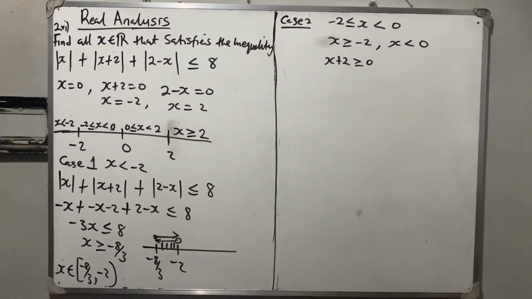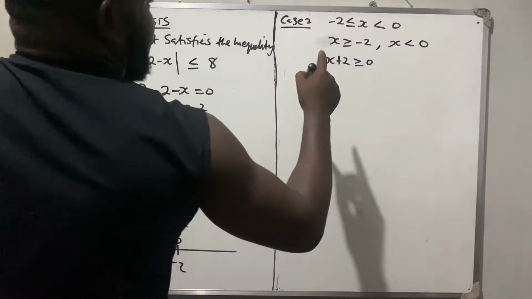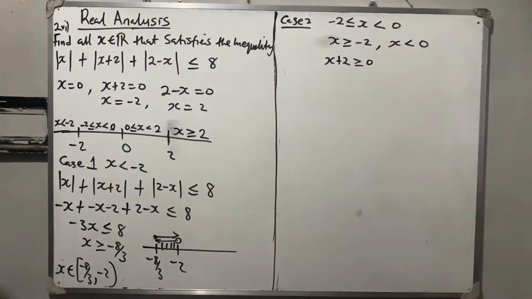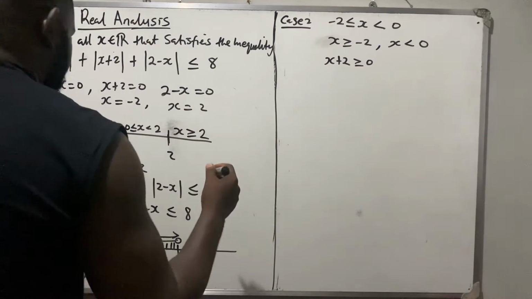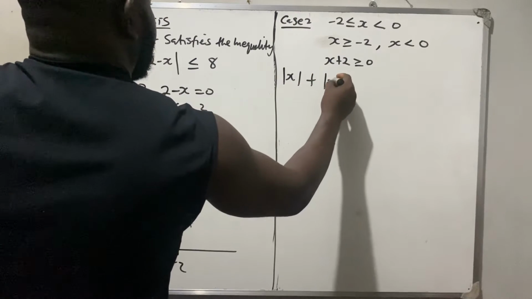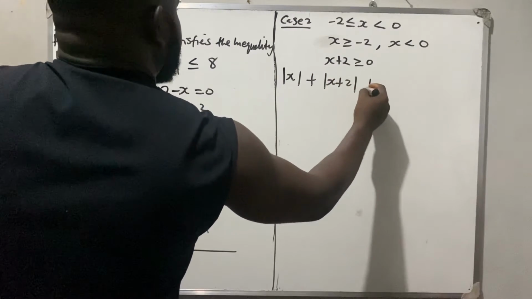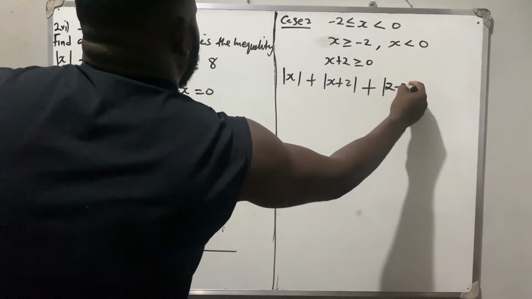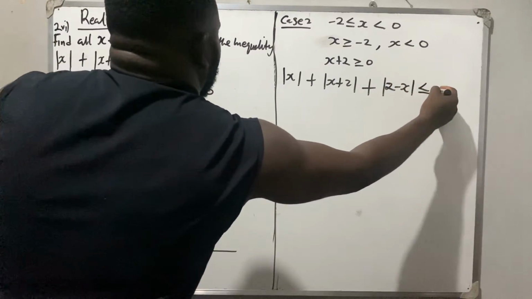All right, so to check it, first of all, for this one x is negative, so it's going to be negative x. Let me write my question. The question says the absolute value of x plus the absolute value of x plus 2 plus the absolute value of 2 minus x is less than or equal to 8.